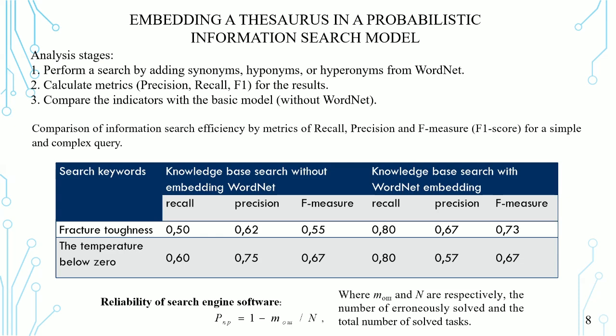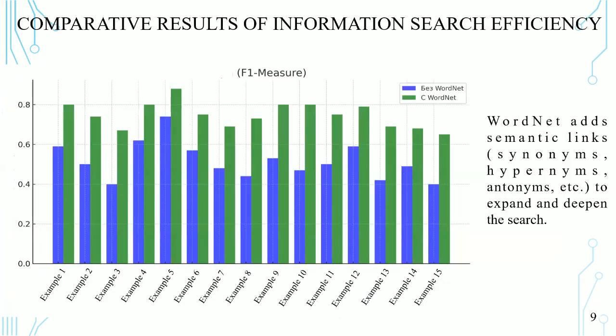Comparing the results, it gives the higher measure of precision and recall, much more efficient when the knowledge-based search is performed with the WordNet embedding compared with the knowledge-based search without embedding the dictionary WordNet. Here you can see the comparative results of information search efficiency.